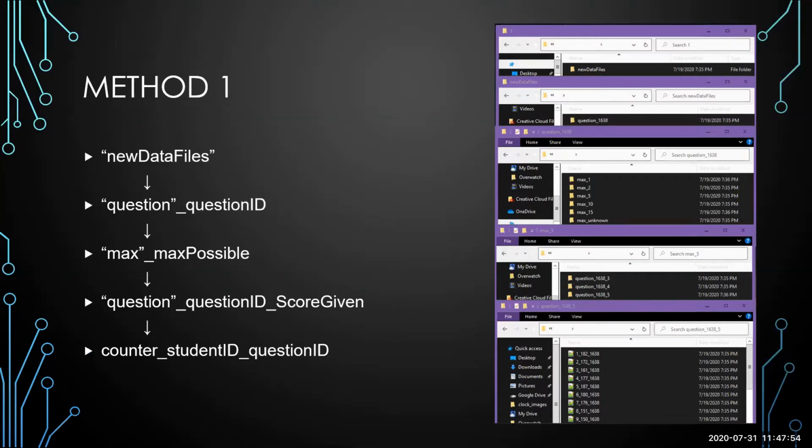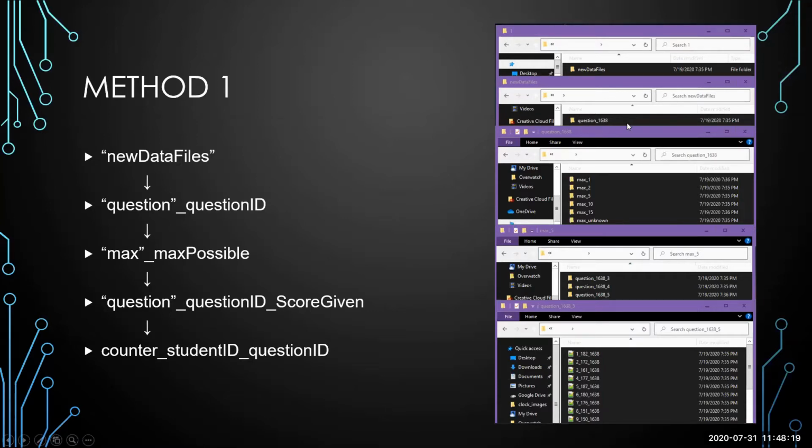So method number one creates a new folder where everything is going to be stored, which is the new data files. Inside that folder, it has more folders. In this case, we have question and the question ID. We are working with question ID 1638, which allows the student to create the analog clock using the Haskell programming language.